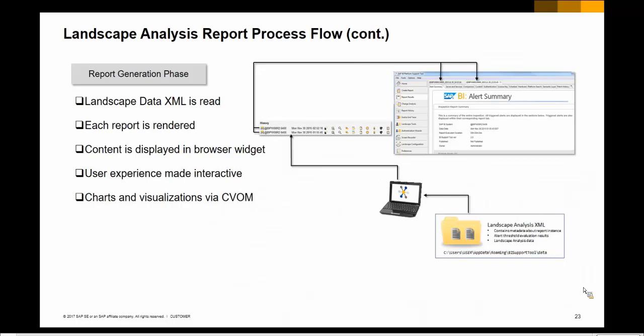We generate charts using the BusinessObjects CVOM engine, the same charting engine that's in your Lumira and Web Intelligence and Crystal Reports clients. And you can open up more than one. You'll notice each report that's open is a separate tab in the client.